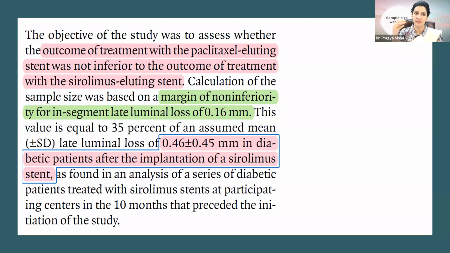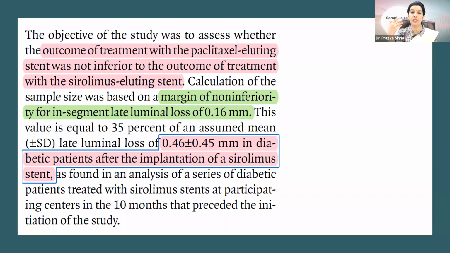But what I have seen in the general calculation of all the articles is that they keep this difference at 0. That means they say even if it is as good, because if you increase this, then it will go to a superiority trial. If I say that the newer drug will be better than this, then only I can say that this 0.46 luminal loss, if it is less than that.